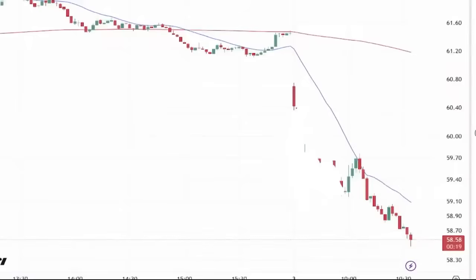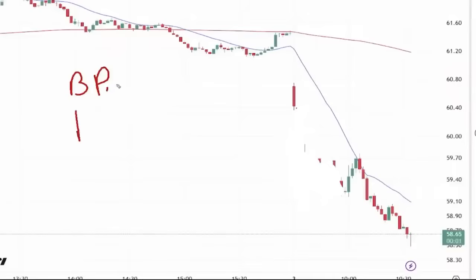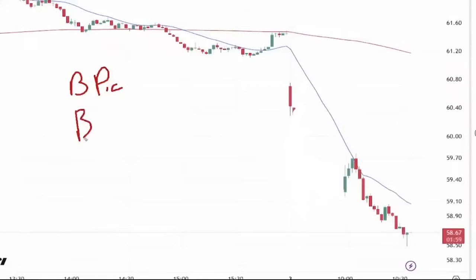So we've got a bear picture, a bear position, and a bear color.